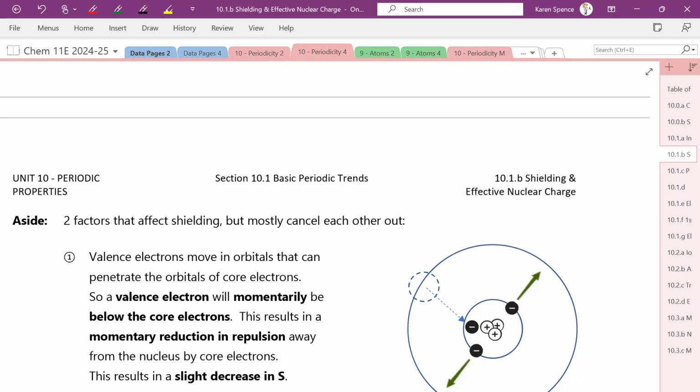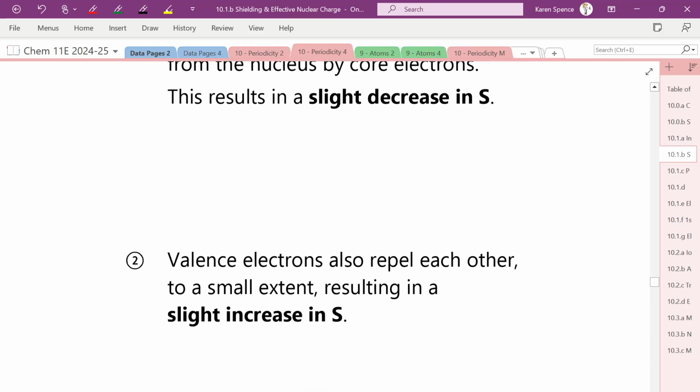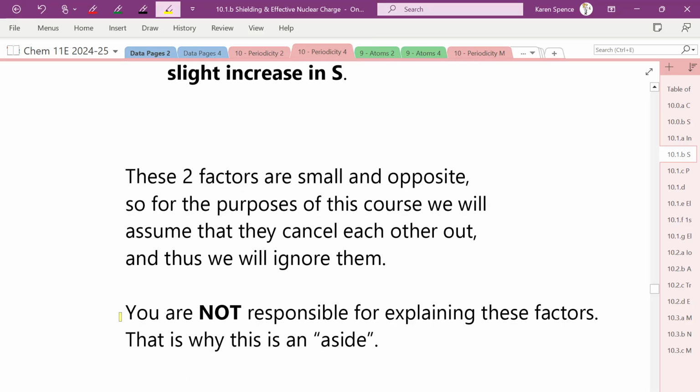Now, sometimes this is an aside. Do you know what it means when it's an aside? It's something you say over here, and it's not really that important. Okay? Because, take a look at this here, you are not responsible for explaining these two factors. That's why it's an aside. So if you actually don't want to pay any attention to me for the next 2 minutes, while I just briefly go over this, you can just be like, I don't want to pay attention.